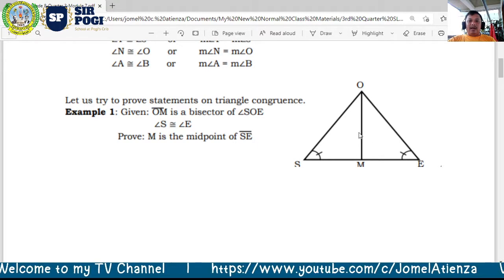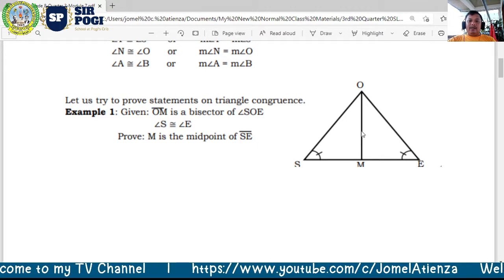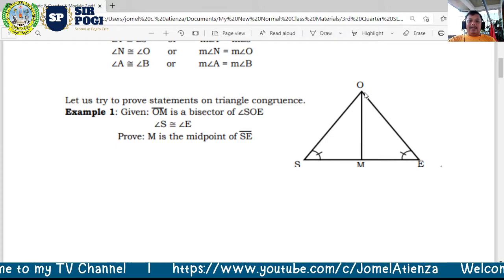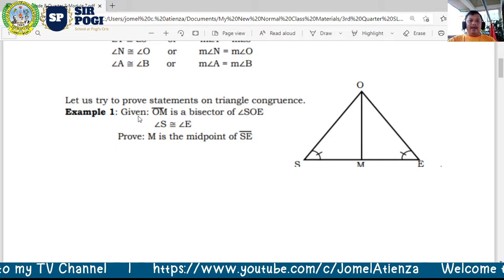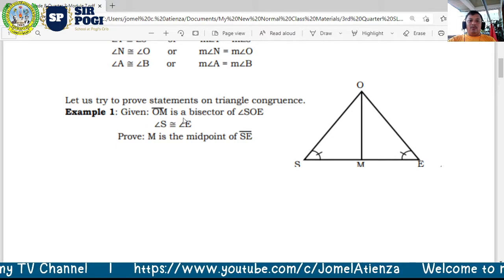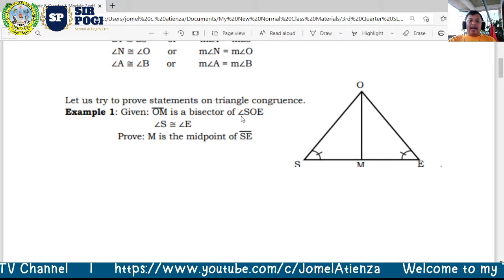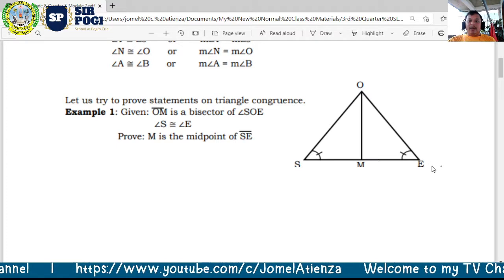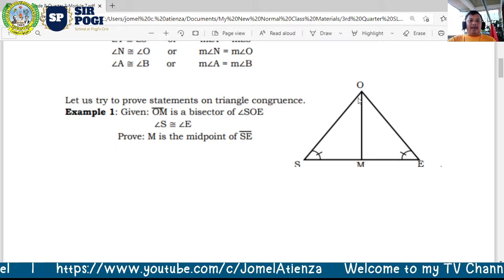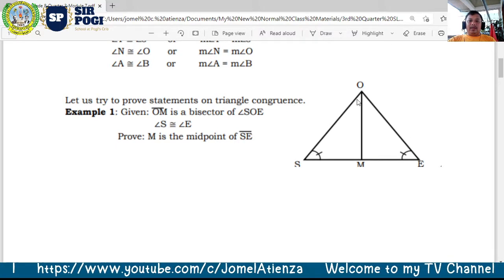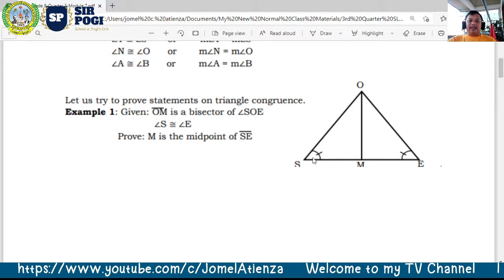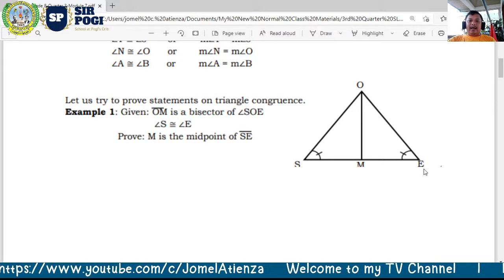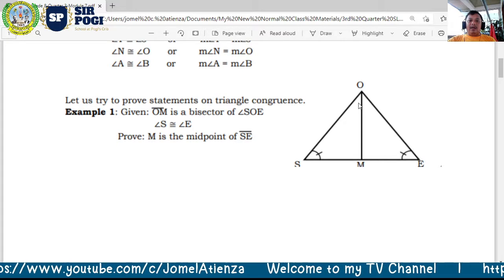Okay, so meron silang tinatawag na shared sides, and that is segment OM. Okay, so given OM, which is a bisector of angle SOE. Ito yung SOE. And when we say angle bisector, meaning to say that angle SOM and angle EOM are equal.